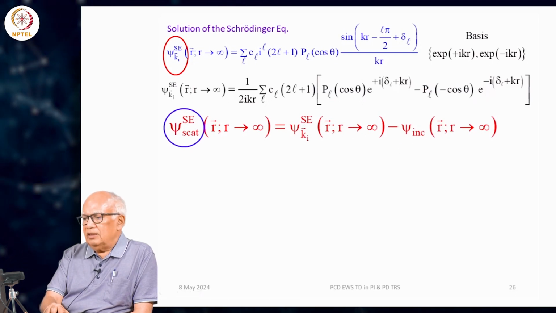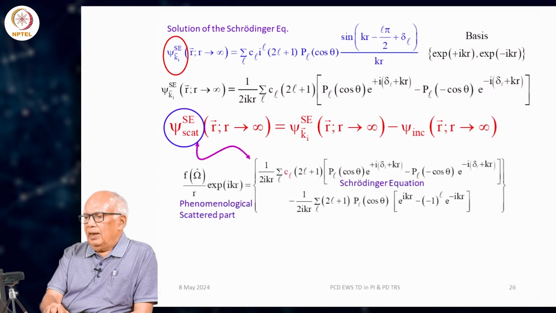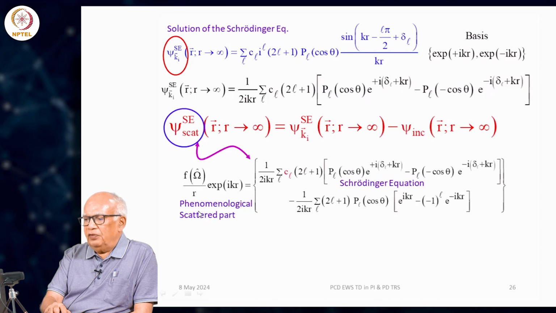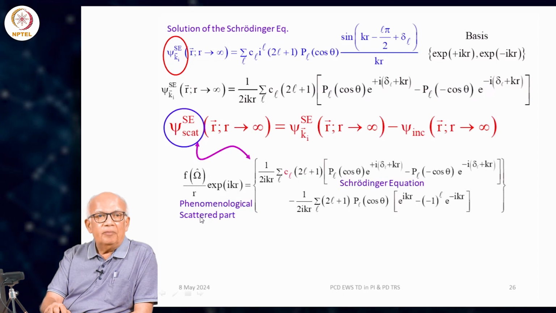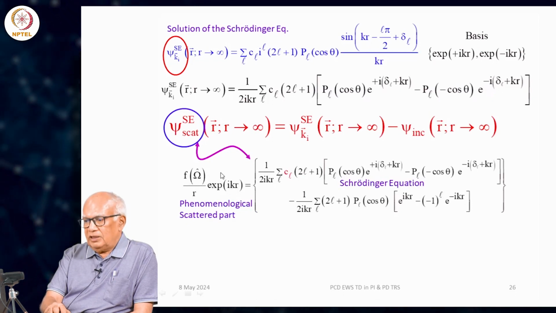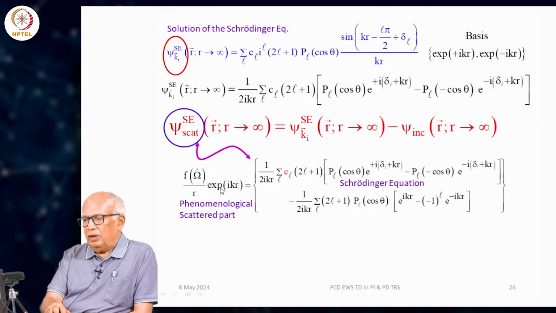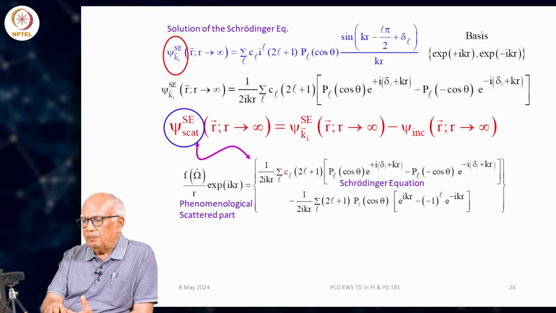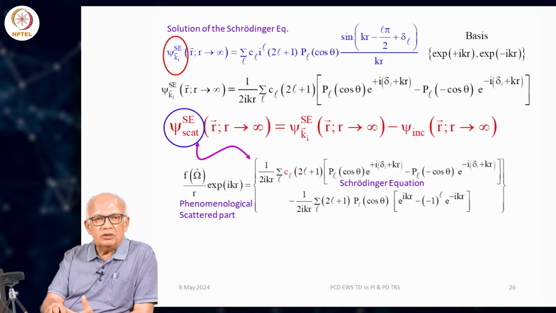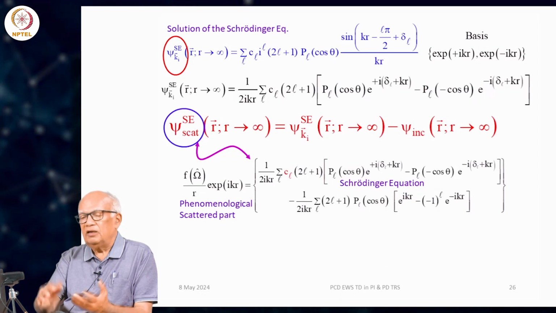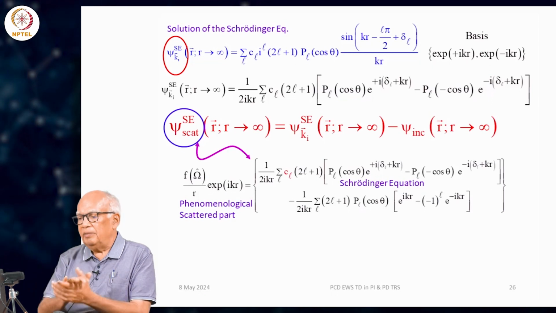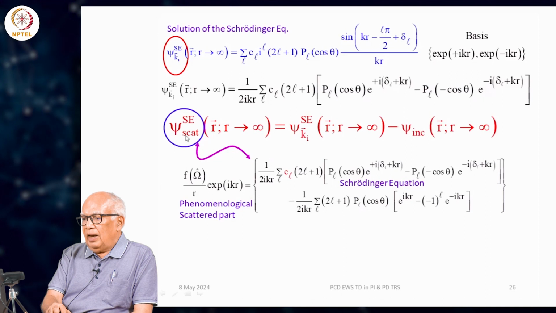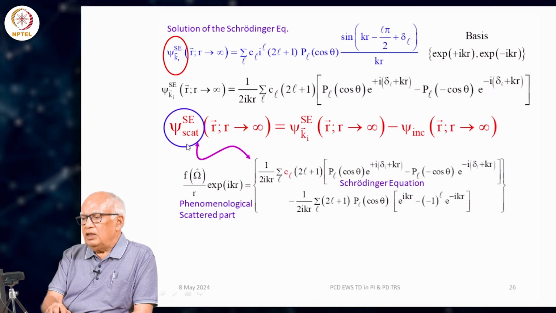This scattered part must correspond to the phenomenological scattered part, which is a spherically outgoing wave because there is an implicit minus iEt by h cross, which tells us that these are spherical waves coming out of the center and moving out, and this correspondence must be there.